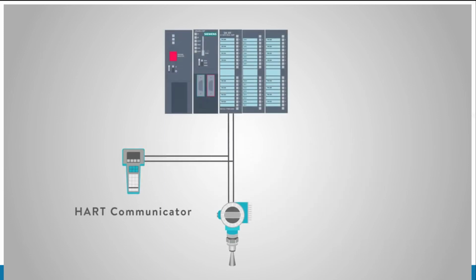This file is loaded on the DCS or PLC configuration station or downloaded to the handheld communicator and becomes directly associated to the sensor. This file simply allows the data stream from the sensor to be correctly parsed or interpreted and allow the technician or engineer to make the correct requests for sensor data.